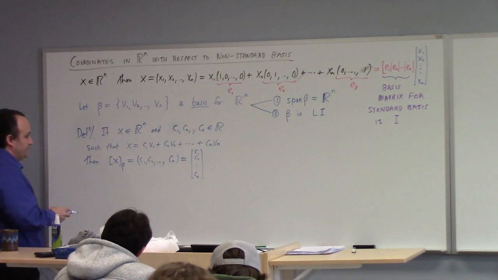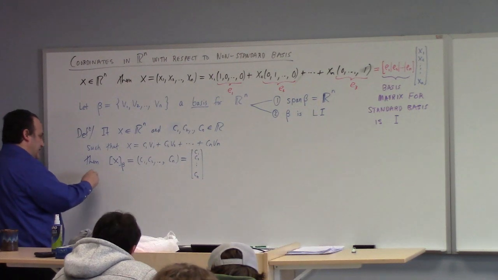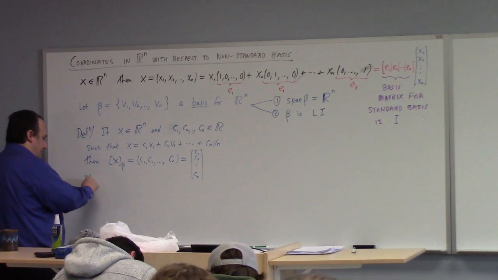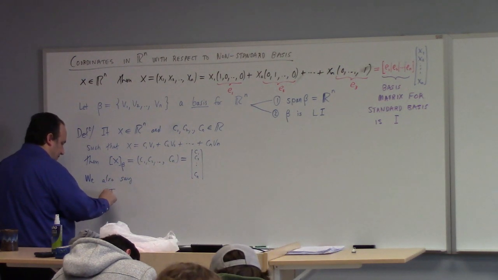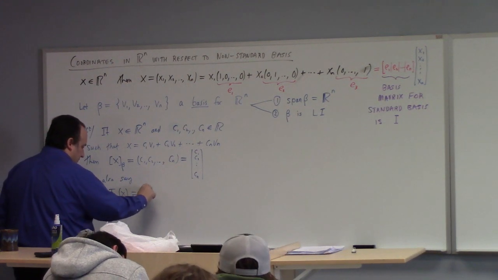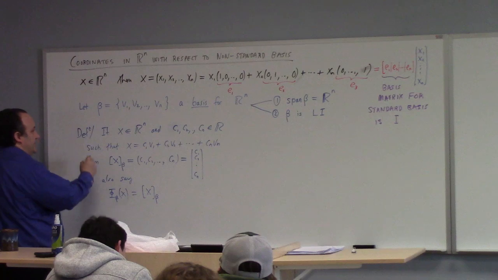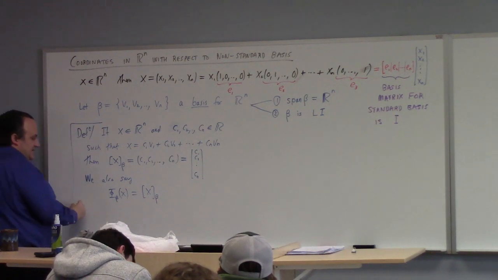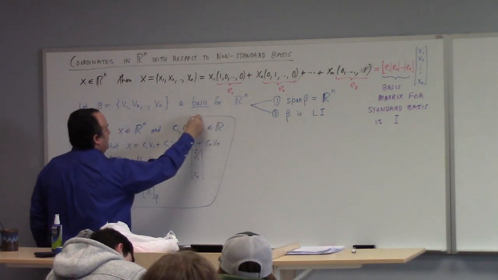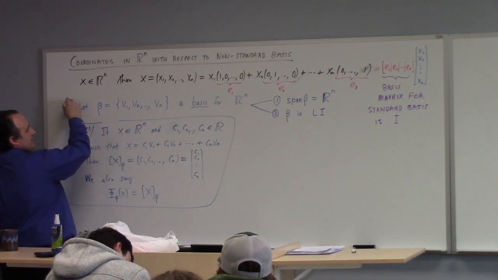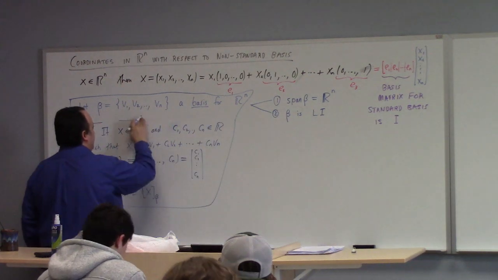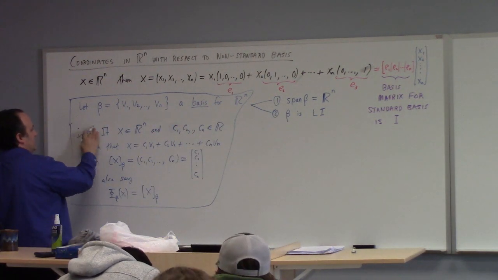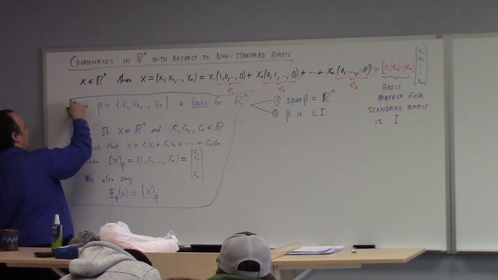Other notation, we also say that phi sub beta of x is equal to x beta. So that's it, folks. That's the definition here. Now this part above here is part of the definition. We have to know that beta is a basis. If beta is not a basis, I have no business saying this. But there it is.